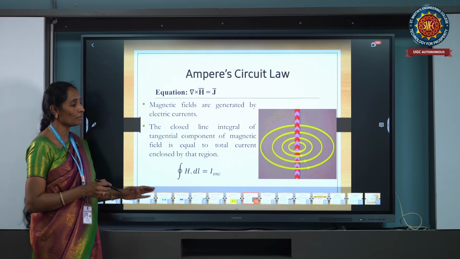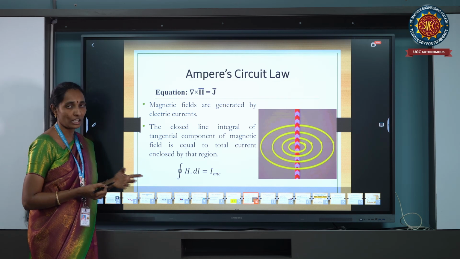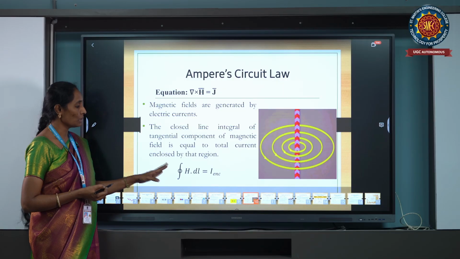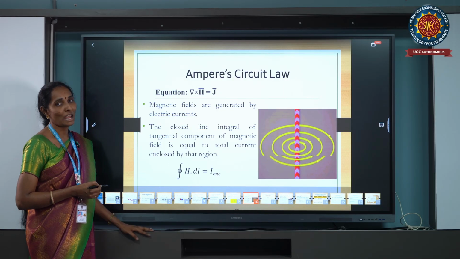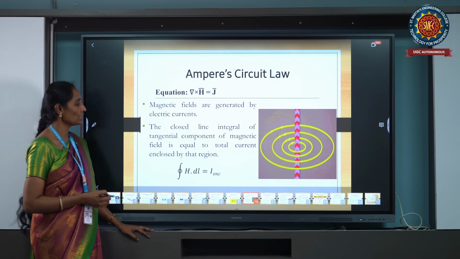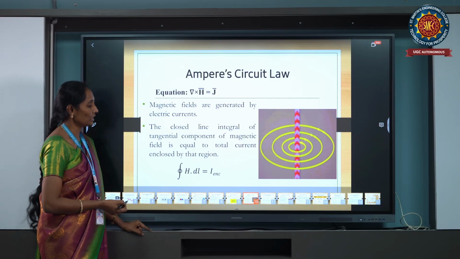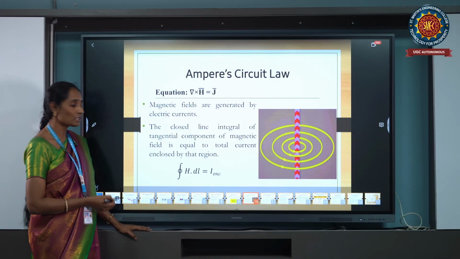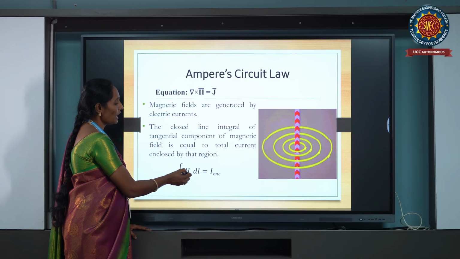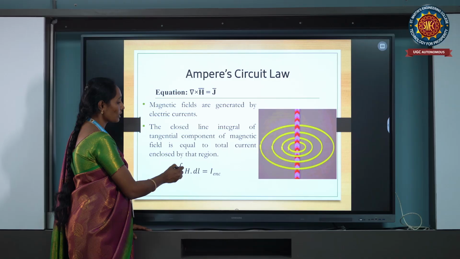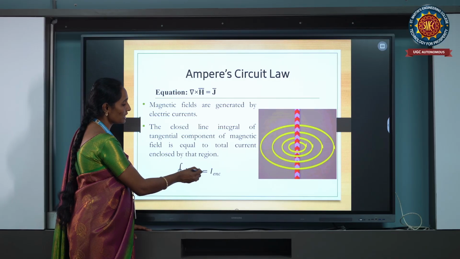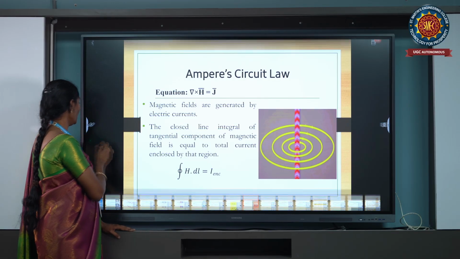How much current is flowing through the conductor determines how much magnetic field is produced. By using this equation, we derive Maxwell's fourth equation. This is the Ampere circuital law equation: the closed line integral of H bar dot dl bar is equal to I enclosed.